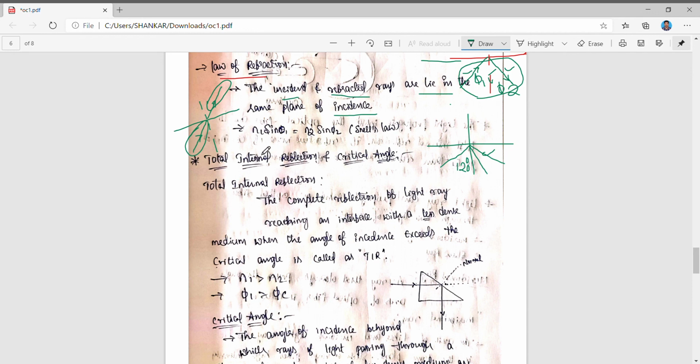The law of refraction is represented as n1 sin phi 1 equal to n2 sin phi 2, which describes Snell's law.